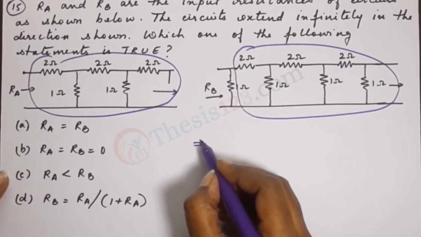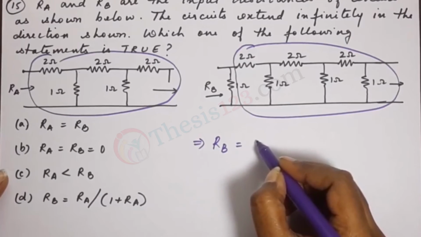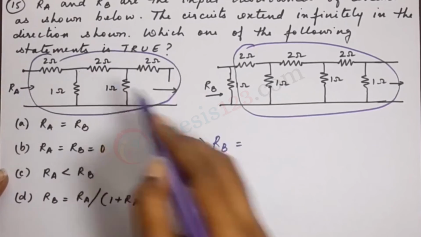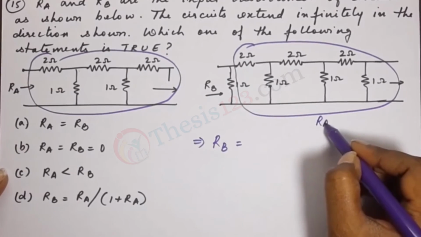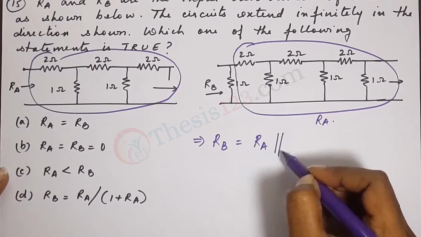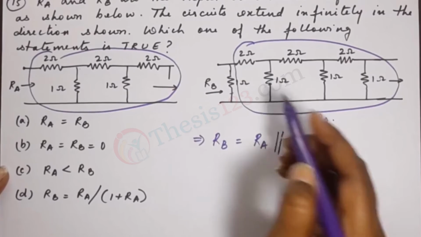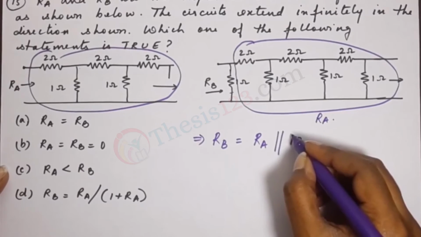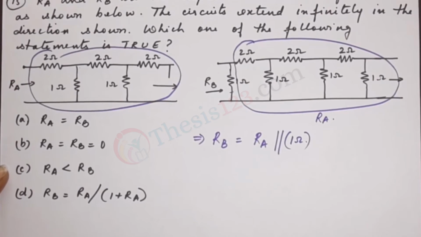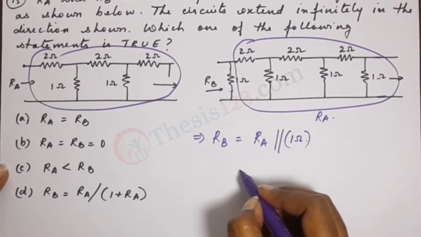This implies that RB is equal to the entire circuit RA. This entire circuit is RA, right? So that's RA, which is in parallel with the 1 ohm resistance. So they are in parallel. That's the only thing that is added here.